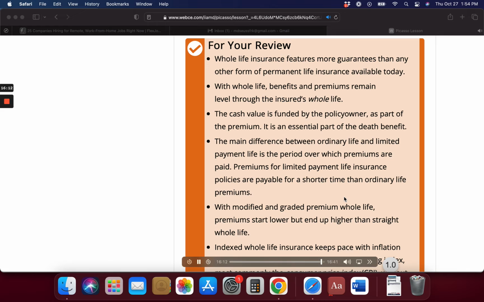VLI policy values are invested in investment accounts, known as subaccounts, that are kept in a separate account apart from the insurer's general account. VLI cash values are not guaranteed and may decline as well as increase. The VLI death benefit may increase but is guaranteed to never drop below the face amount at policy issue.